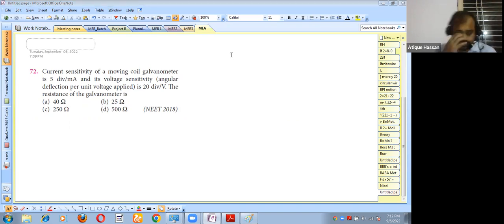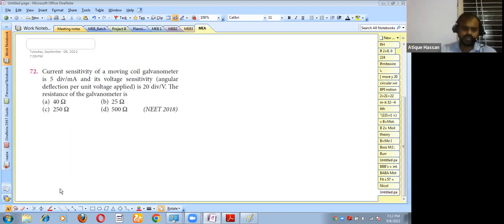So you got C. The current sensitivity of a moving coil galvanometer is this, and its voltage sensitivity is this. Then find the resistance of the galvanometer. So we have to find the resistance, right?